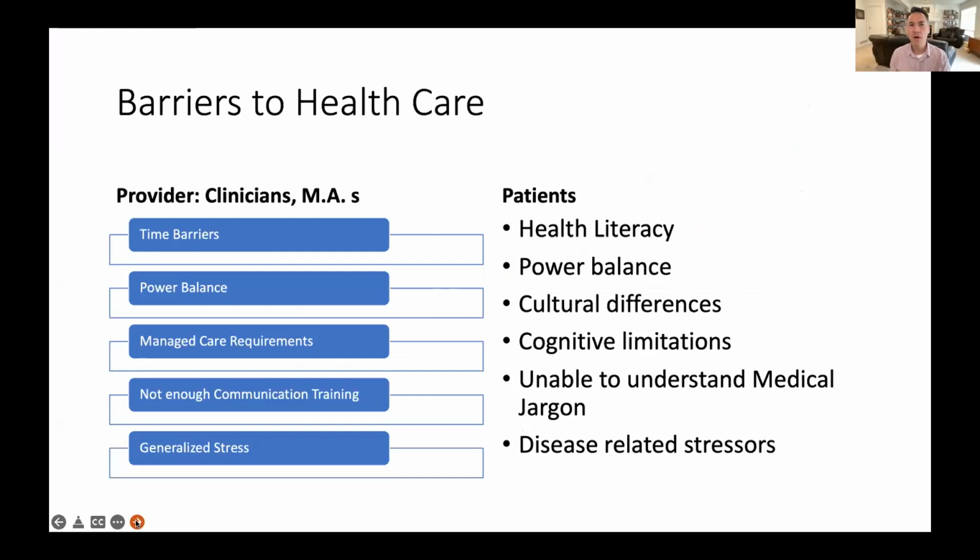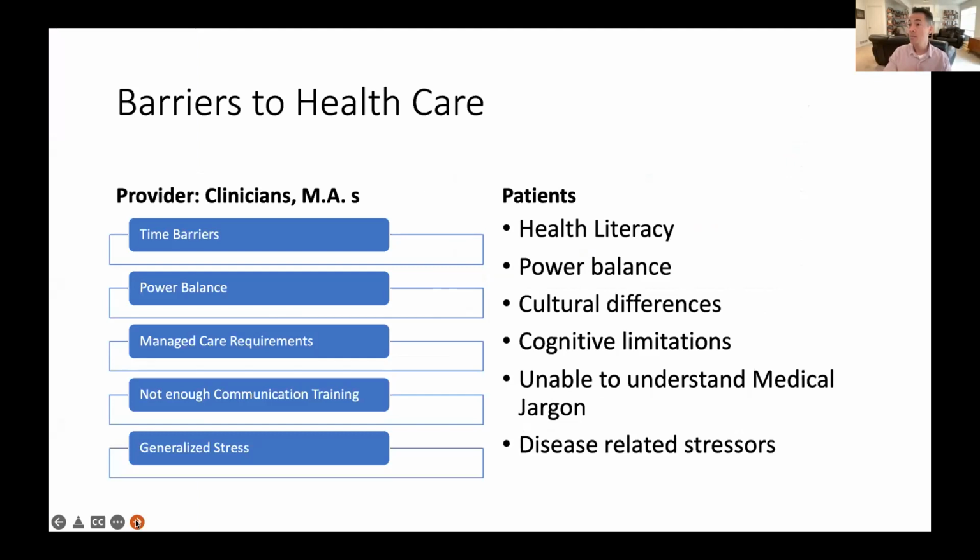Now, when we talk about barriers to healthcare, in the talk today we talked about nonverbal communication and verbal communication, but there are also some other types of barriers. On this slide, I recognize that there are barriers to healthcare from the medical assistant standpoint and from the medical perspective. We have time barriers.